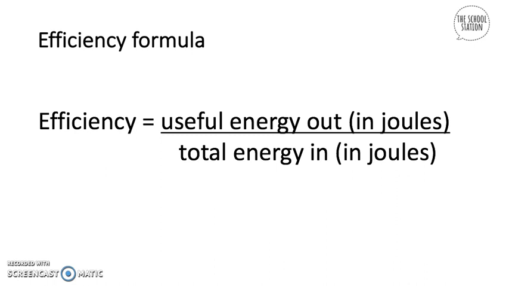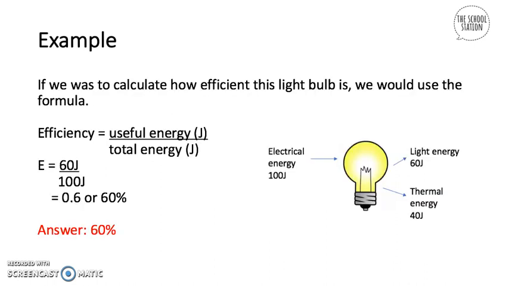So if, let's say, again, we have this light bulb and it has 60 joules of light energy, and it's 100 joules that we put in altogether, we can just find out the percentage, and that's going to be how efficient the light bulb is. So here is the working out that you would do in an exam. If we want to calculate how efficient this light bulb is, we would use the formula.